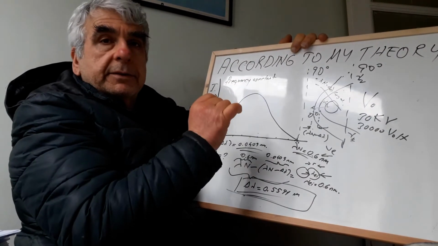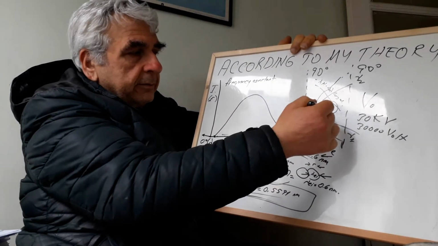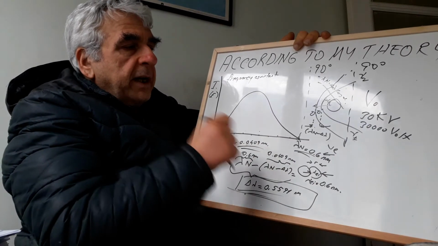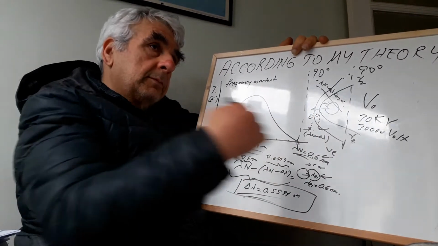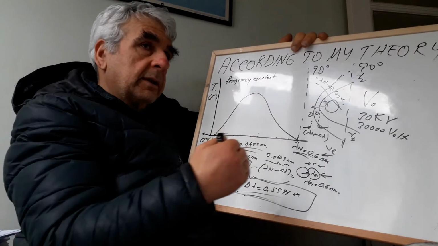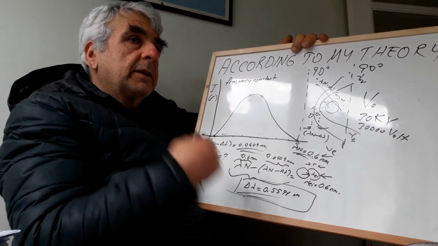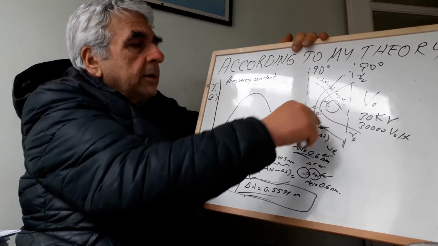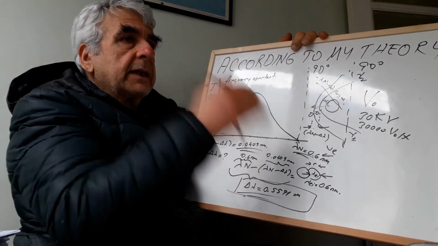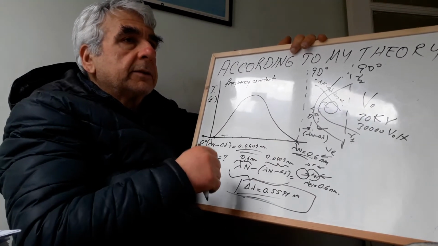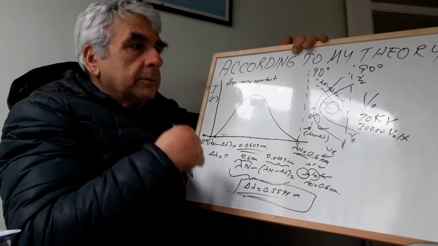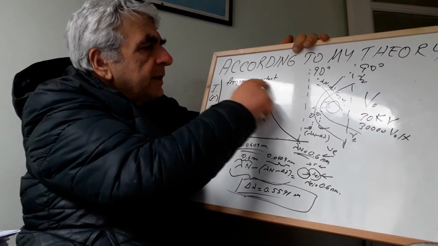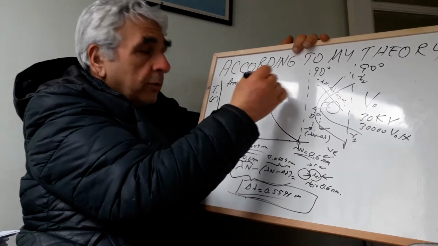Remember, wavelength is changing with respect to the relocating electron motion form's direction and velocity. But in that time, its frequency is constant according to my theory. I have told you this before.